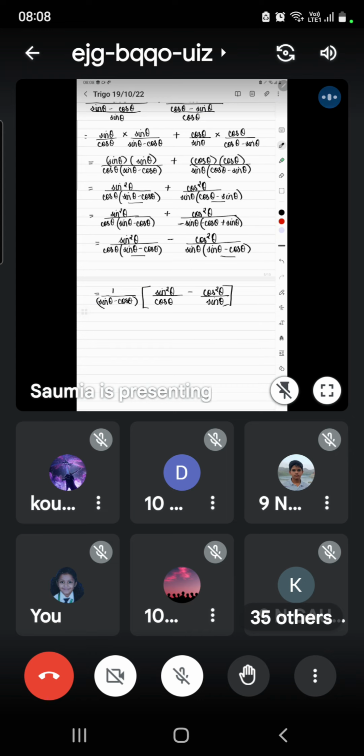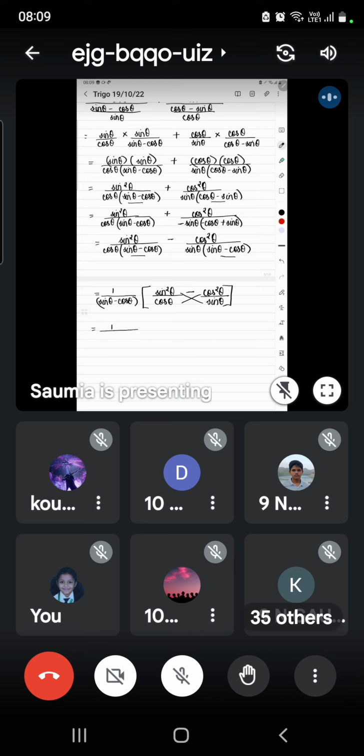Got it? Now what do I have in the bracket? I have one fraction subtracted from another fraction. But they are not having their denominators equal. So I have to make their denominators equal. So I'm going to cross multiply.